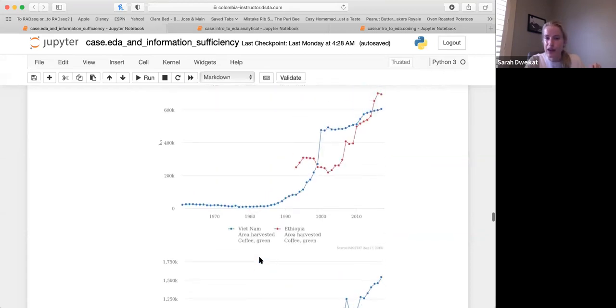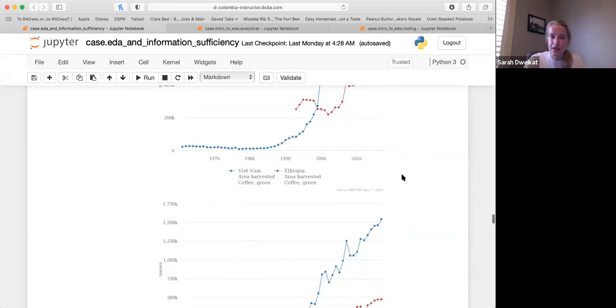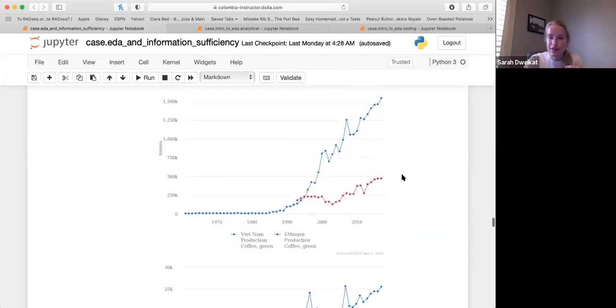But in terms of the trends, Vietnam has increased their amount of land and Ethiopia is trying to do the same. So maybe this type of comparison is better.